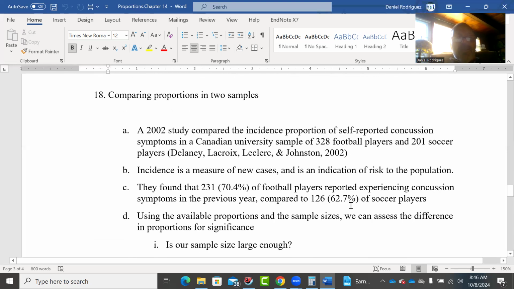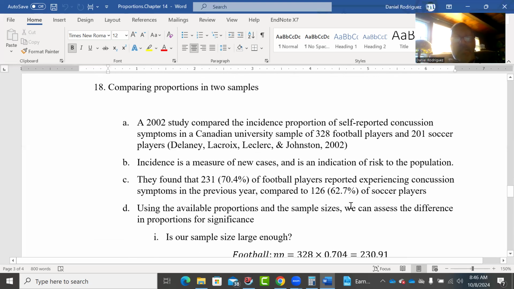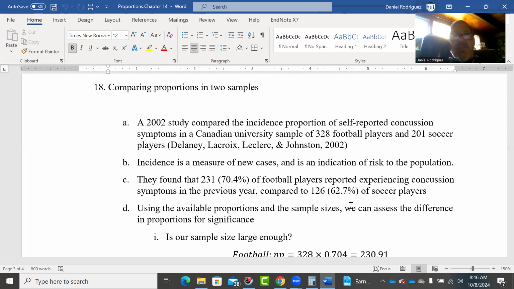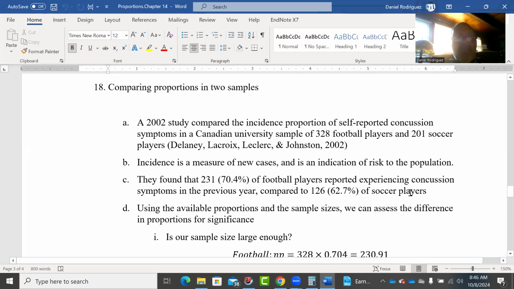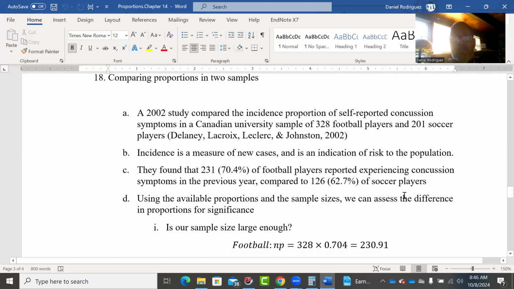For comparing proportions between 2 samples, that's something that's not uncommon either, just like comparing 2 groups in any kind of study. A 2002 study compared the incidence proportion of self-reported concussion symptoms in a Canadian university sample of 328 football players and 201 soccer players, right?